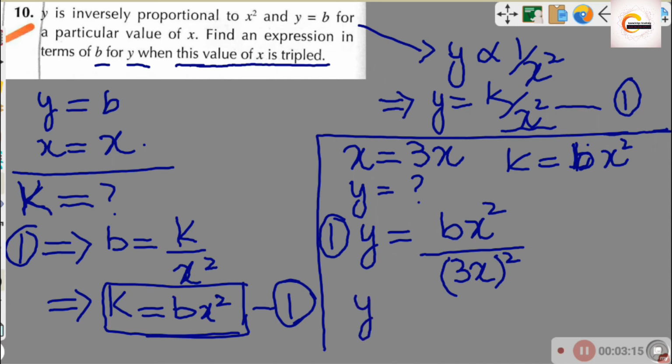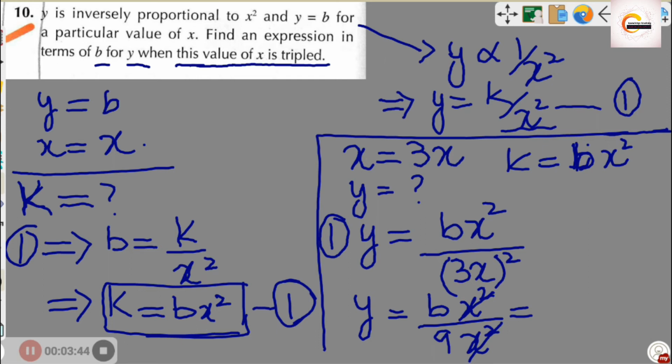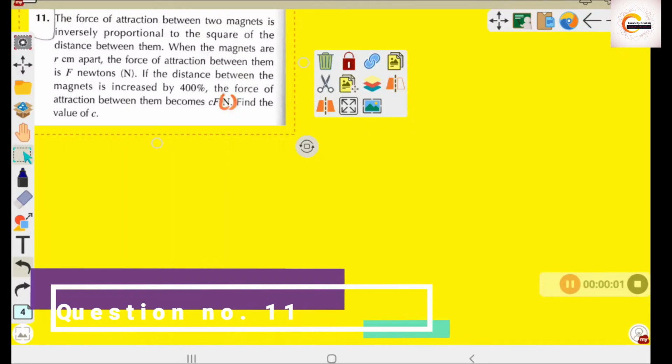Now y will be b x square upon 3 into 3 is 9, x into x is x square. Simple algebra. Now x square upon x square will cancel, and the value of y is going to be b upon 9.